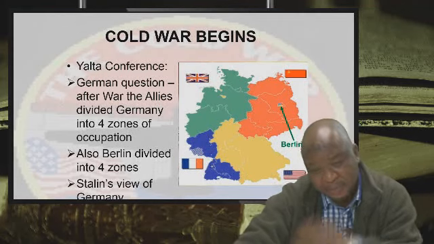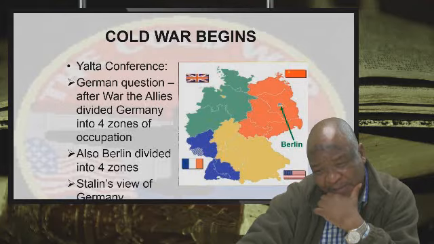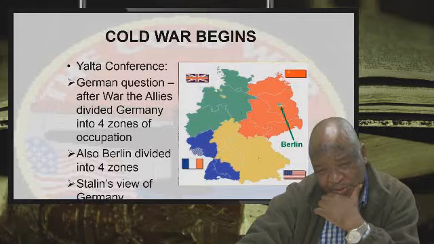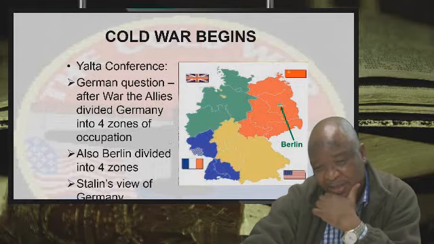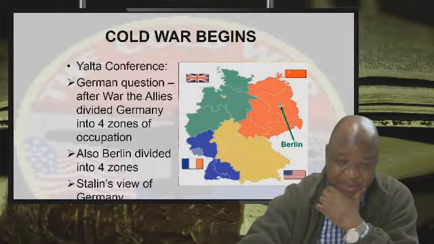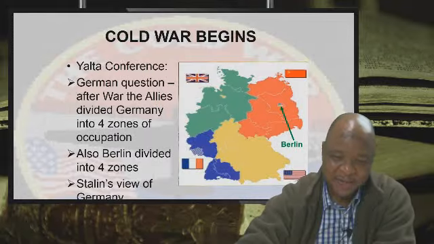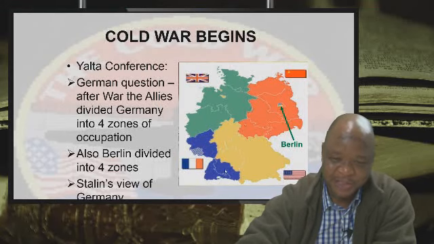And France wanted Germany to stay strong so that, in terms of future aggression from the USSR, Germany should be a buffer between France and the West against the USSR. Whereas at the same time, the USSR wanted Germany to be completely flattened out. So the 3 countries, Britain, France, and the USA, much as they wanted Germany to be punished after the war, did not want Germany to be completely destroyed.